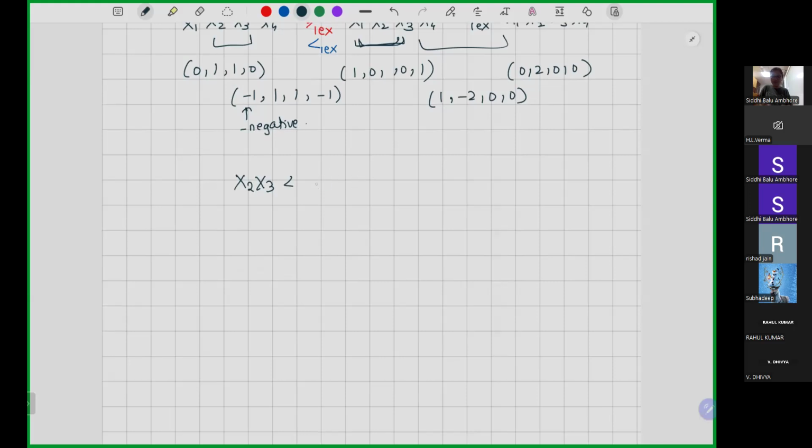When I compare, this is 0 1 1 0, and here it is x2 square, which is 0 2 0 0, and when I subtract, it is 0 minus 1 1 0, and that's why this is less than.